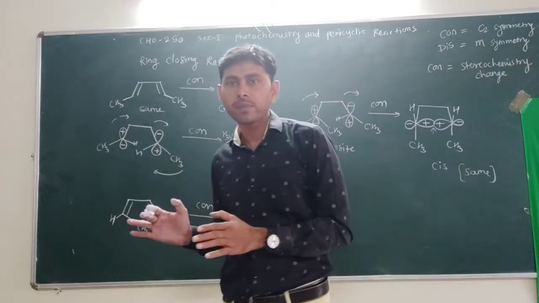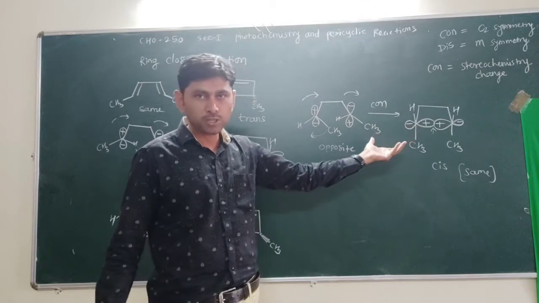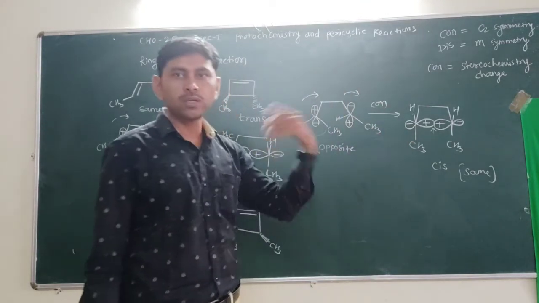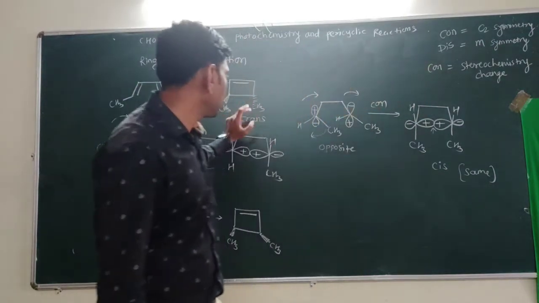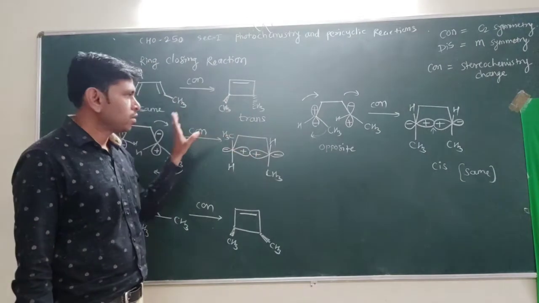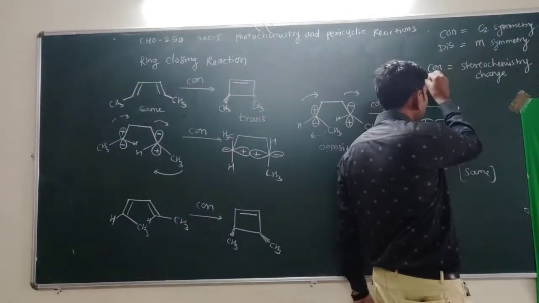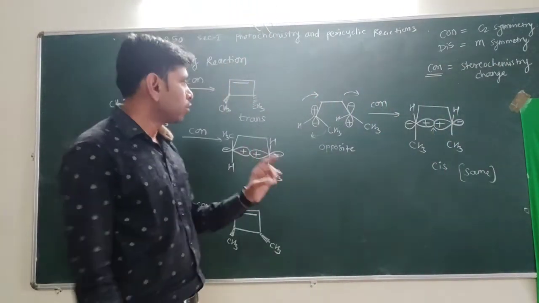When same-side groups are present, in the product they go to the opposite direction. When opposite-direction groups are present in the reactant, they go to the same side. So this is the general rule we have prepared: for conrotatory motion, stereochemistry changes.